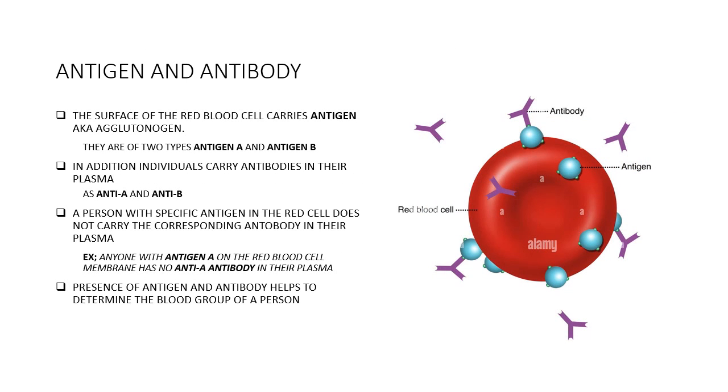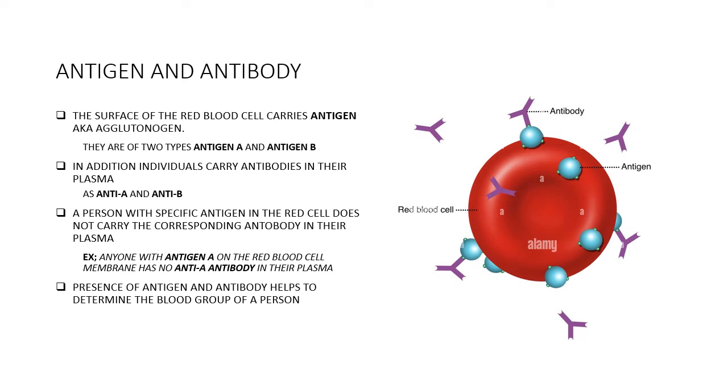Now let's take a look at antigen and antibody. For this, you should have a clear understanding of RBC and plasma. That is why we did a small introduction in the beginning of the video. The surface of the red blood cell carries antigen, also known as agglutinogen.